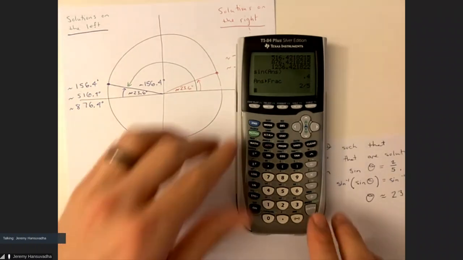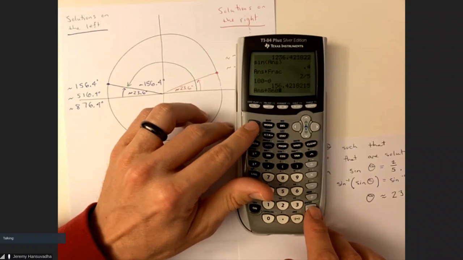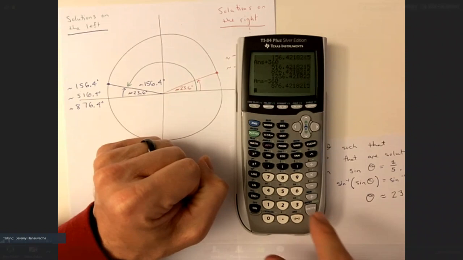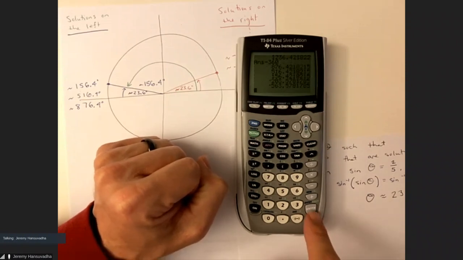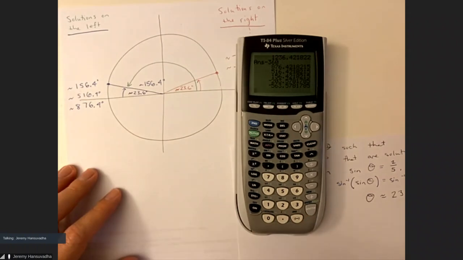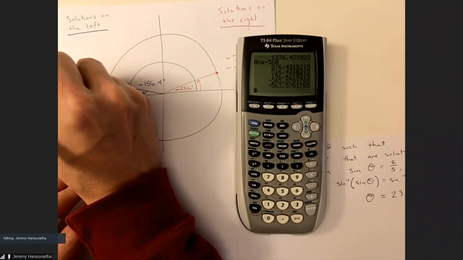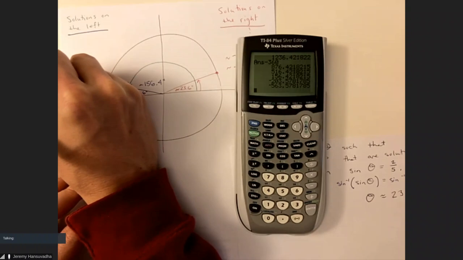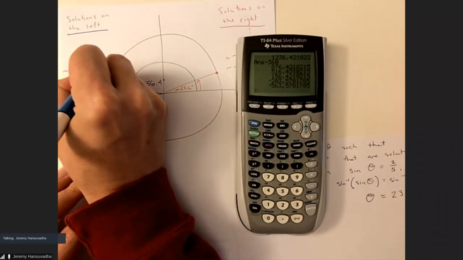And let me, where was I? Over there. Let's subtract 360. Okay, so I've got some solutions. Let me just write those down real quick. Negative 203.6, and then about negative 563.6.